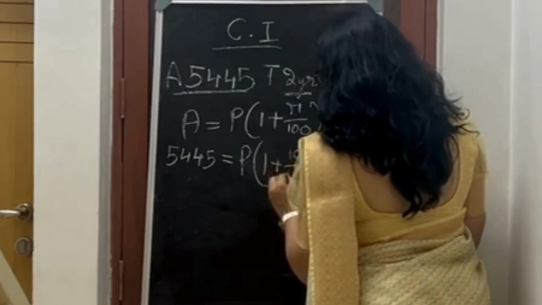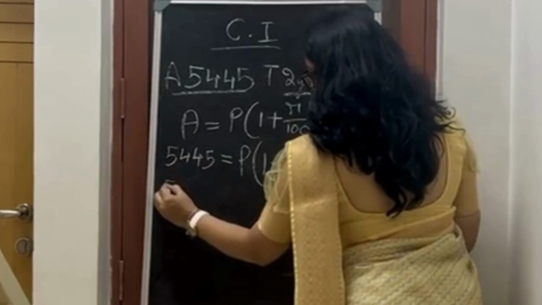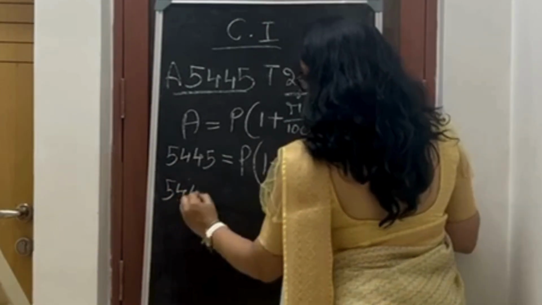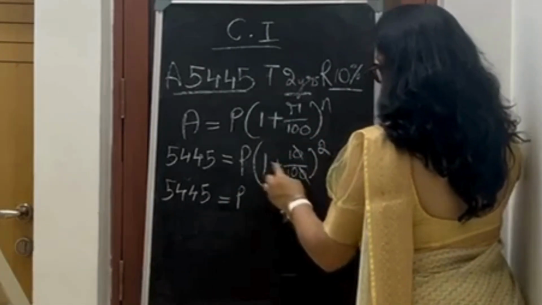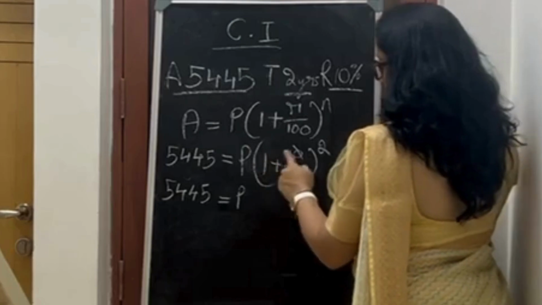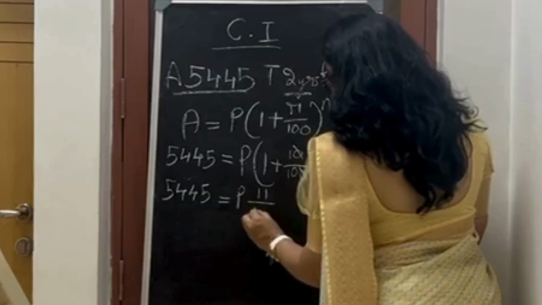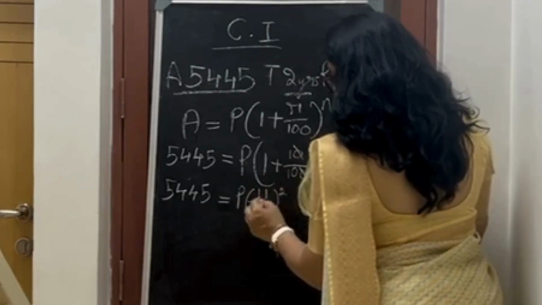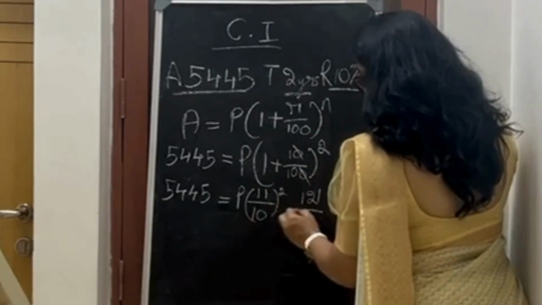Now when I solve this, I will get the answer. 5,445 equals P. I cancel the zeros here. I simplify. 10 is the LCM, so it will be 11 by 10 to the power of 2. So 11 elevens are 121 and this will be 100.